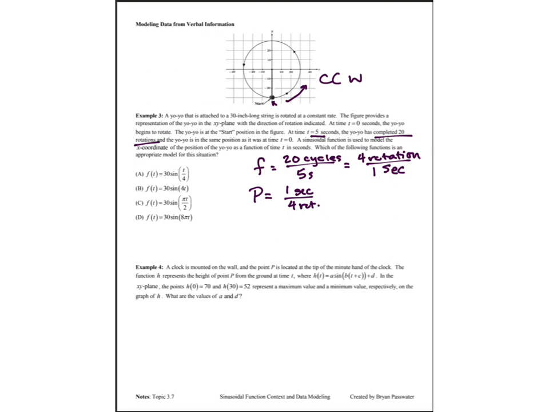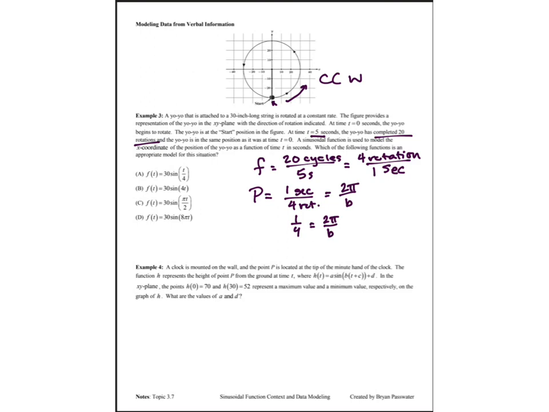What that means is it does a fourth of a cycle in 1 second. Now we've got to put that in terms of the trig that we're talking about here. Period is always 2 pi over b. So if 1/4 equals 2 pi over b, how could I solve for b?